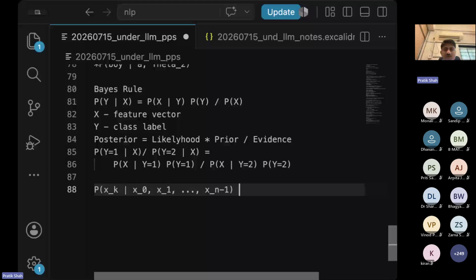So k is in between somewhere. I want to find out this probability distribution on xk given the rest of the words. So in the context, I have every other word, but one word is missing. There is no right or left. There is a context, and there is a word.